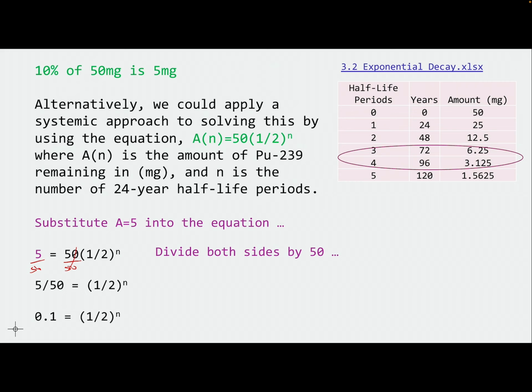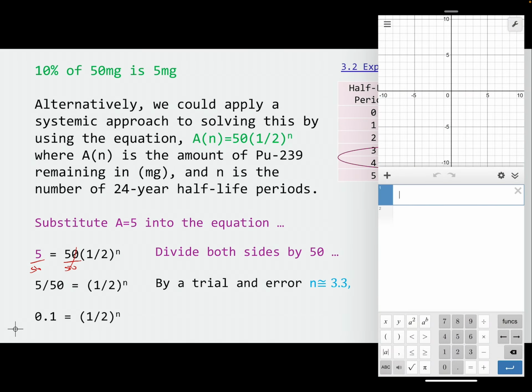What does n need to be to satisfy that equation? By trial and error, I got 3.3. I can actually get a number a little bit better than that, but just to show you, if I take 1 over 2 and raise it to the exponent 2, I get 0.25.